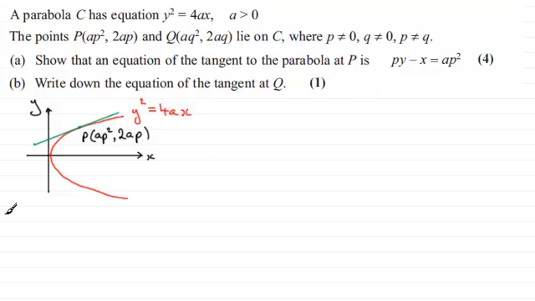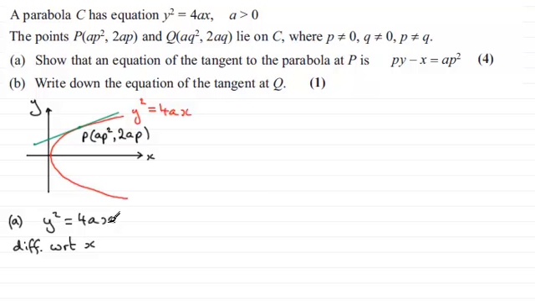So let's just start this off. If you want to see the worked solution very quickly, obviously just fast forward. So we'll take the curve, y squared equals 4ax, and differentiate with respect to x.